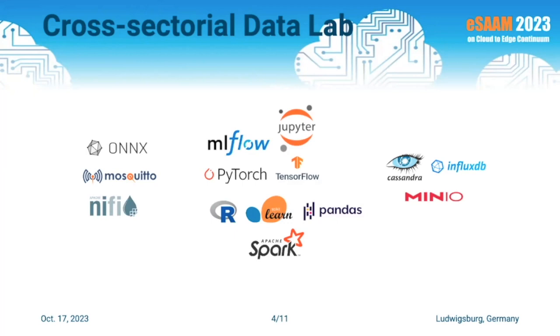And then we have a distributed backend based on Spark. And the data lake is implemented using the MinIO file system recently, and we are using a combination of distributed databases, and we have some interfaces for batch processing and real-time communication.